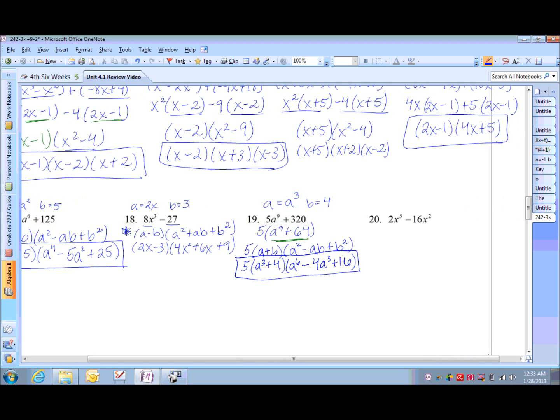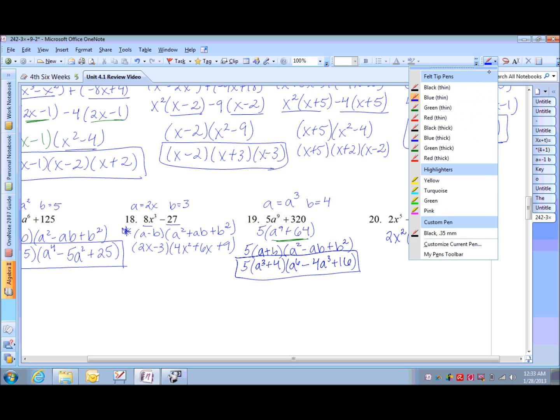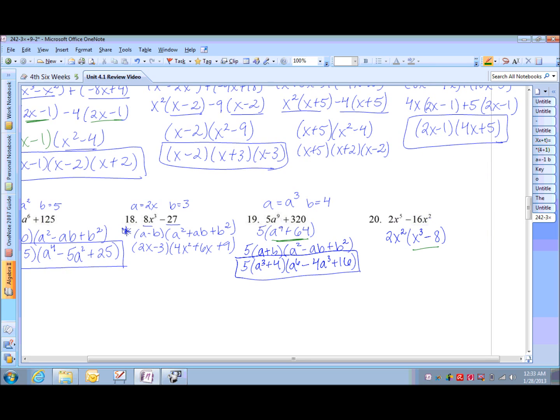Okay, last one. It looks like we have a GCF in problem 20 also, and we have to pull out 2x squared. That's our GCF, and when you pull out 2x squared, you're left with x cubed minus 8. Okay, and x cubed minus 8 is actually a difference of perfect cubes. So the cube root of x cubed is x, and the cube root of 8 is 2.